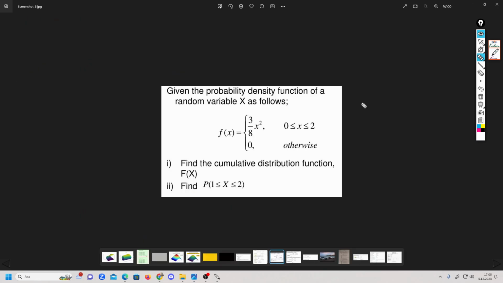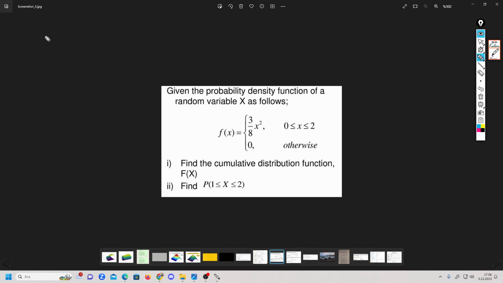In this example, we are given a probability density function of a random variable x as the following. Here we are asked to find the cumulative distribution function, which is capital F of x, and the probability that x is between 1 and 2.